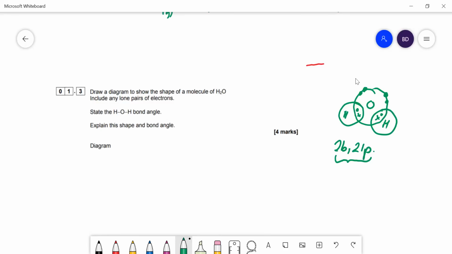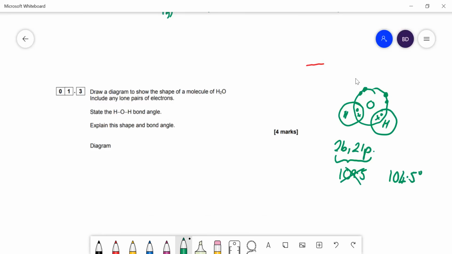So that is 4 pairs of electrons altogether. So the shape is going to be tetrahedral with respect to the electron pairs. And of course, we should have a bond angle of 109.5 degrees, but the lone pairs cause more repulsion. So that goes down to usually quoted as about 104.5.